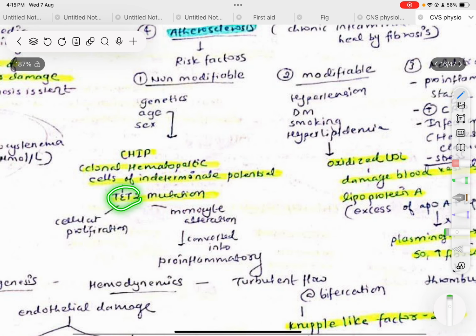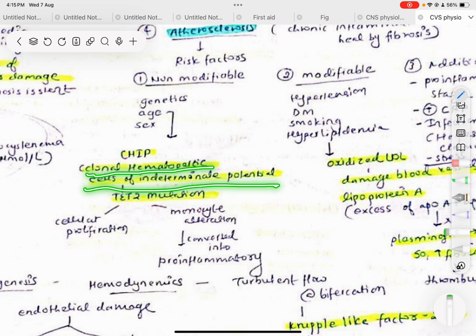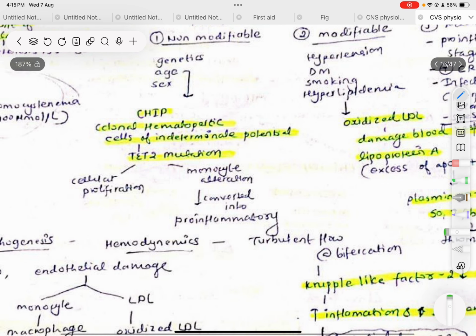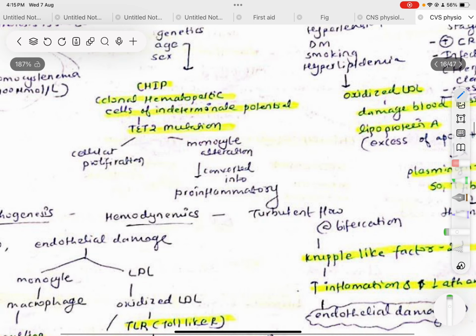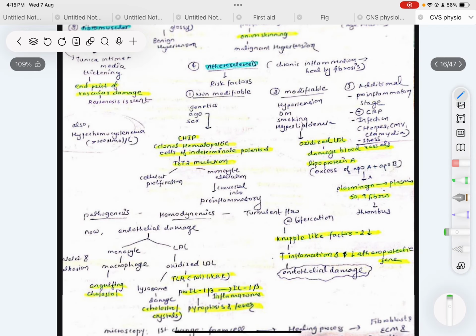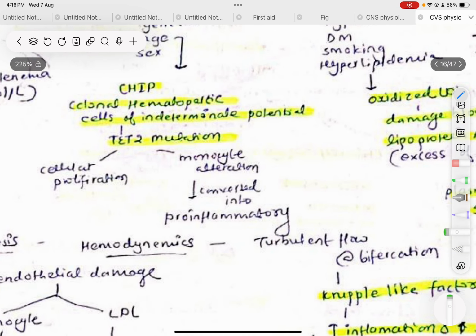So TET2 mutation will happen in this clonal hematopoietic cell of indeterminate potential, and what will happen to these CHIP cells mutated? There will be increase in cellular proliferation and monocyte alteration. That's why they are converted into a pro-inflammatory kind of cell, and that will cause damage to the blood vessels.